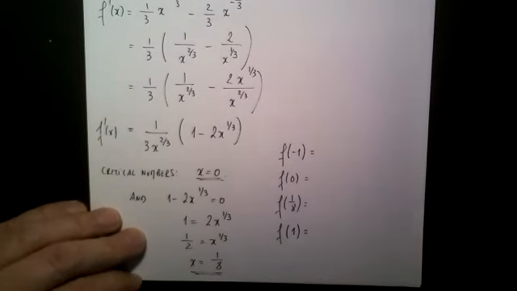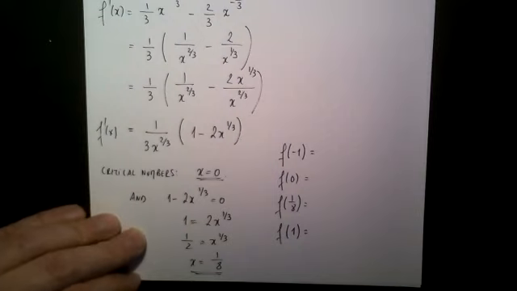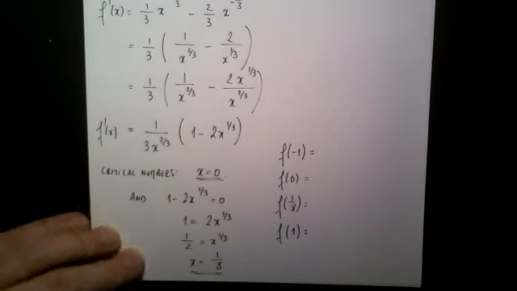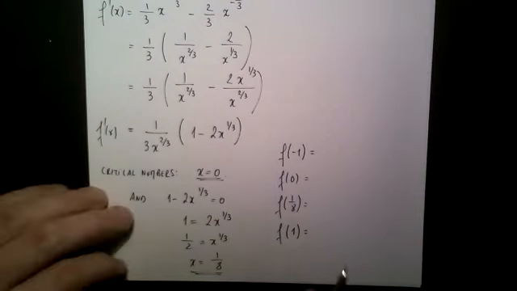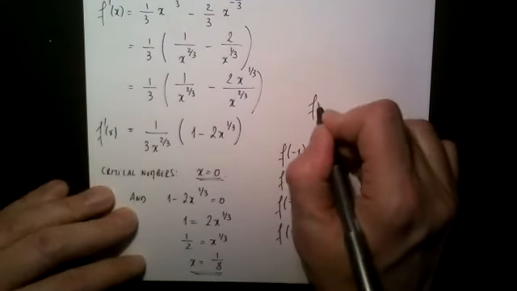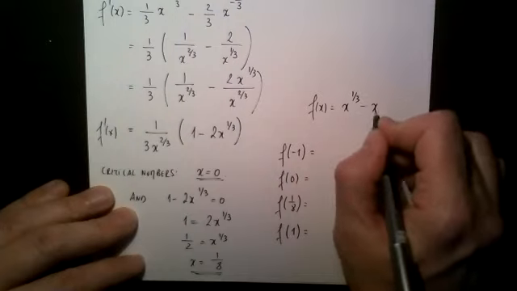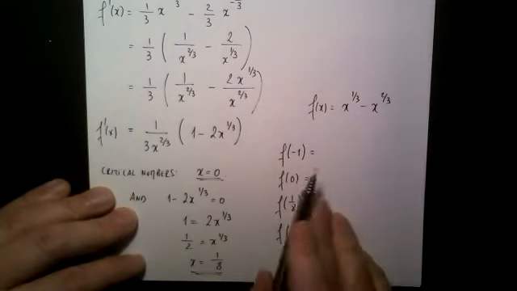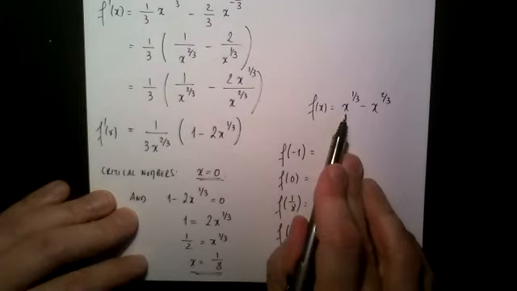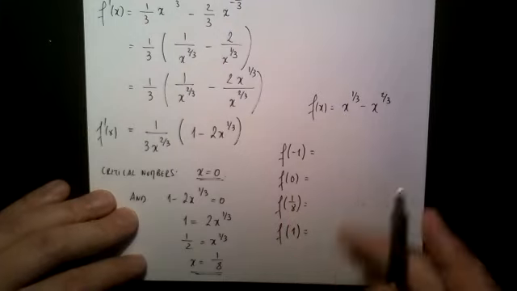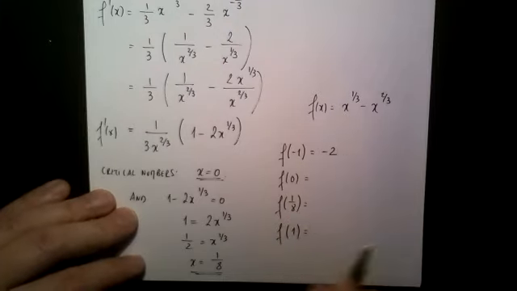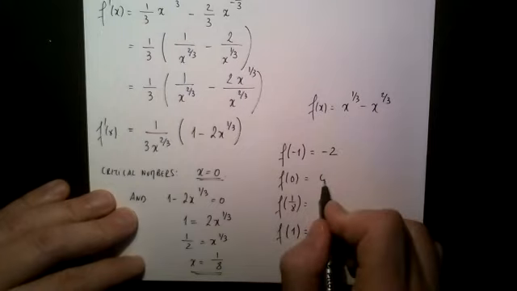There you go. Just a reminder, my function was x to the 1/3 minus x to the 2/3. And so if I plug in -1 here, I get -1 minus 1, I get -2. If you plug in 0, you get 0.